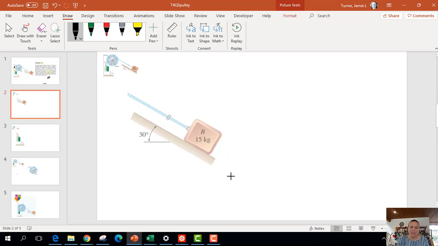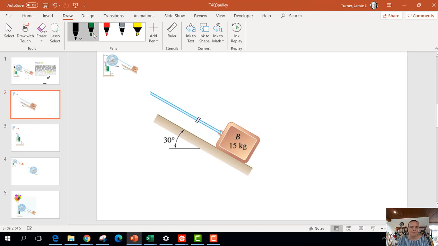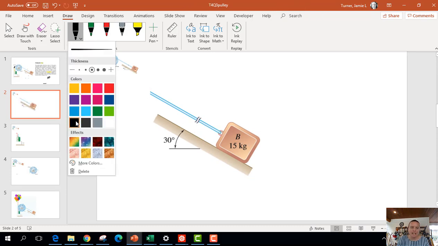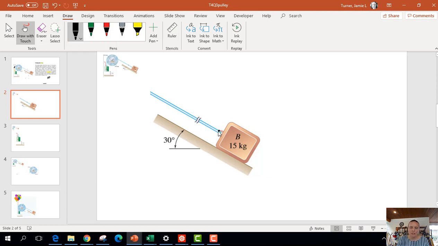Forces acting on B. So what do we have here? And in this case, I am splitting it apart. And so we are going to include the tension on this. So let's call this just the tension on B. We have the weight acting on B. And let's go ahead and split everything up into normal and tangent directions, because it'll be easier to solve.